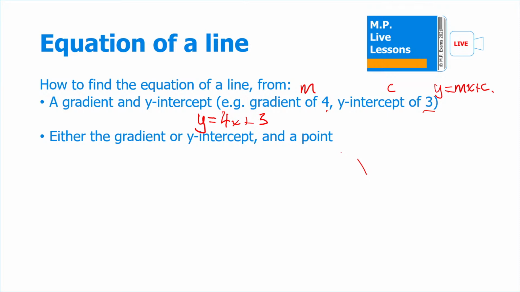For example, if we're given the gradient only and it's going through a point, substitute the x value of the point into the equation.